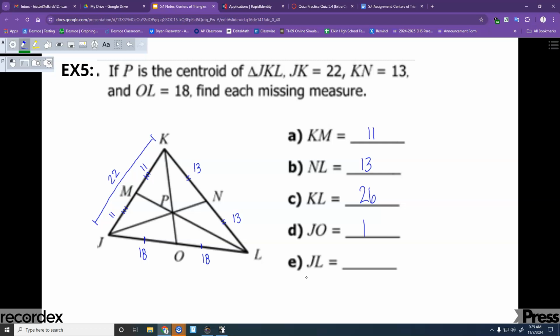JO, already marked it, it's 18. And JL, 36. Not too bad, right? The difficult part about this is recognizing what you're looking at to get your sides. Okay? Questions? All right.